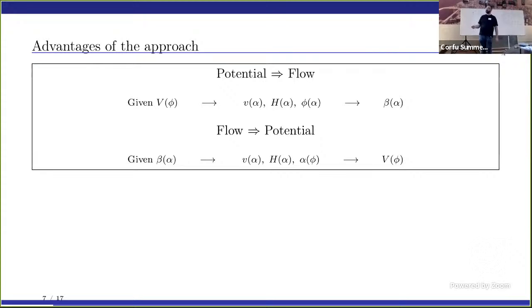And you can do it because, given the potential, you can compute all these quantities that I showed before. V was h a tau minus 2 to the minus 1 power. You can compute all of this as an expansion in alpha, or usually an expansion in alpha or some weird power of alpha times an expansion in alpha. From this quantity, you can derive the beta. This is maybe more of a curiosity.